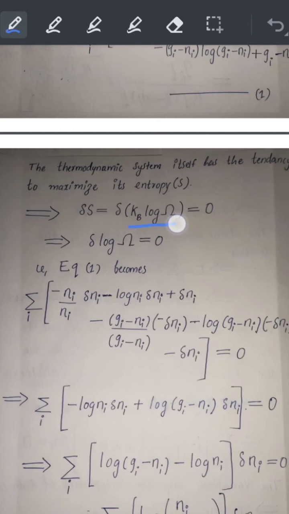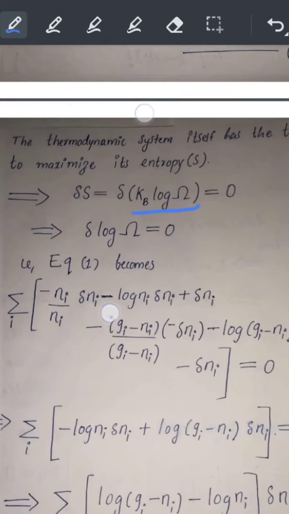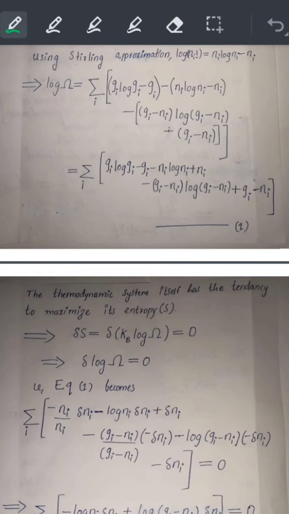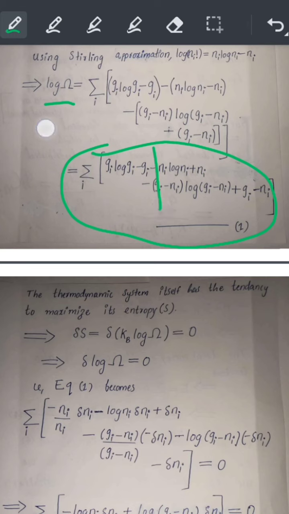So we have the entropy kB log omega. We can maximize it by taking the differential, delta S equals delta of kB log omega equals 0, and kB is a constant, so it cancels with 0, and we have delta log omega equals 0. So we need to take the differential of this equation. If you look closer, you need to take the differential of gi, ni, log ni, etc. And in fact, delta gi is 0.